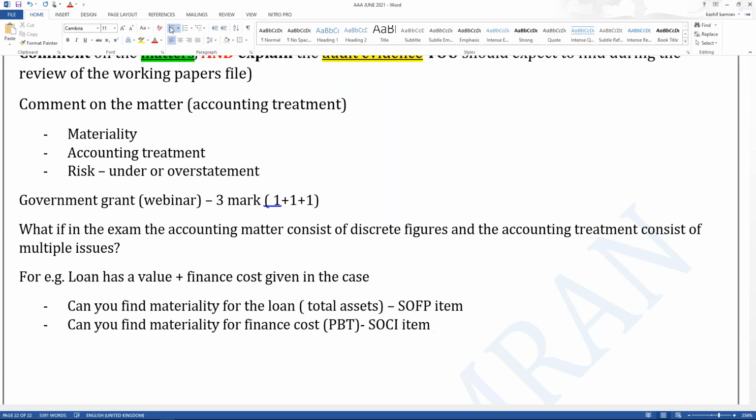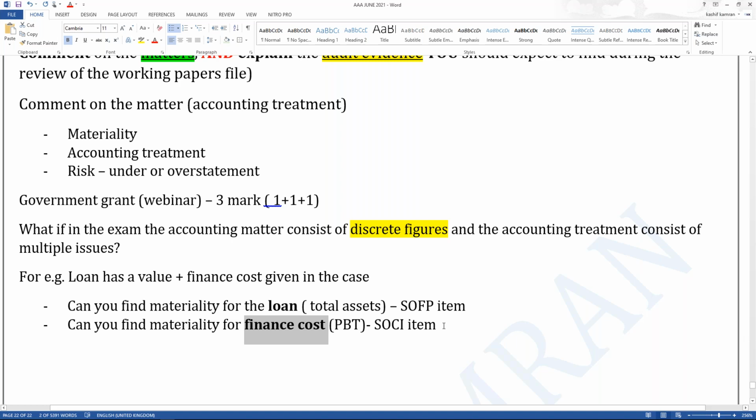So if you have discrete figures in a situation, one a P&L item and one a balance sheet item, loan and finance cost, will you be able to find 2 marks of materiality here by dividing the loan by total assets and the finance cost by the profit before tax?